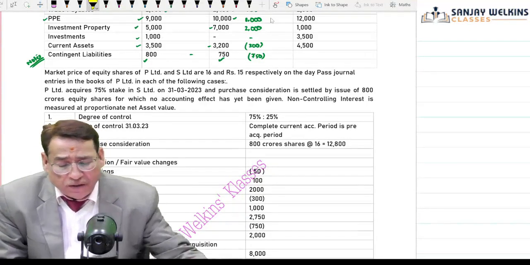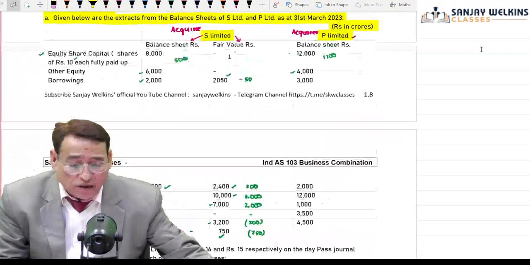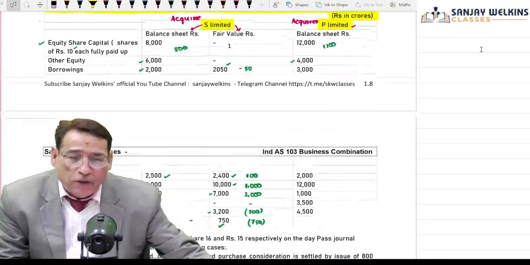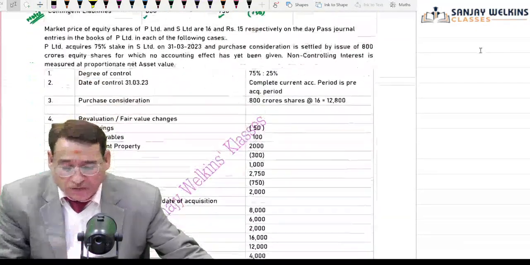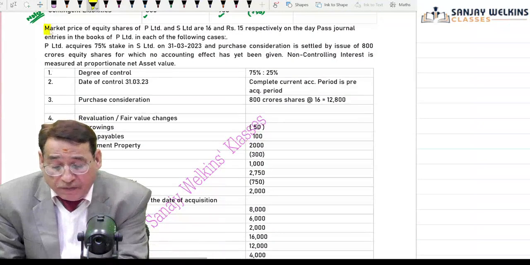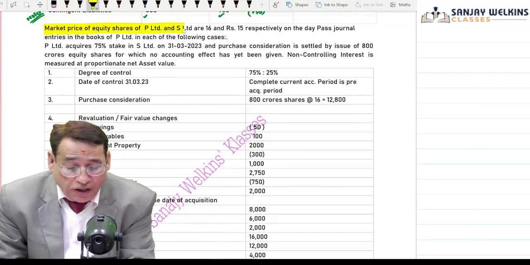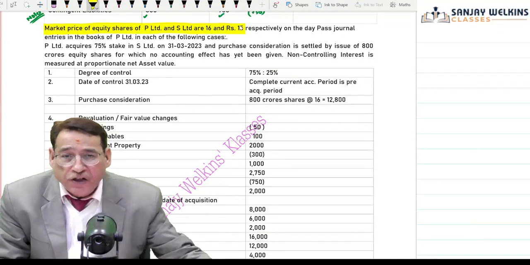And remember one thing, in this particular question the balance sheet is not given in a complete, formatted manner, correct? Just some information, some extract is given to you. Further, it is given that the market prices of equity shares of P Limited and S Limited are 16 and 15 respectively.